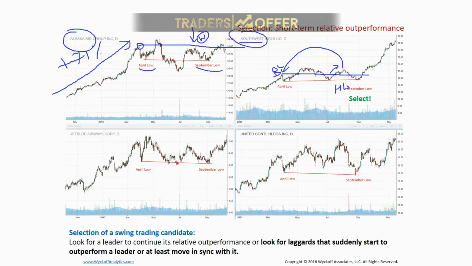And maybe Southwest is one of them, and because of that they are buying more of this stock, and as they buy, that's going to produce the rally that's going to outperform other rallies in other stocks.